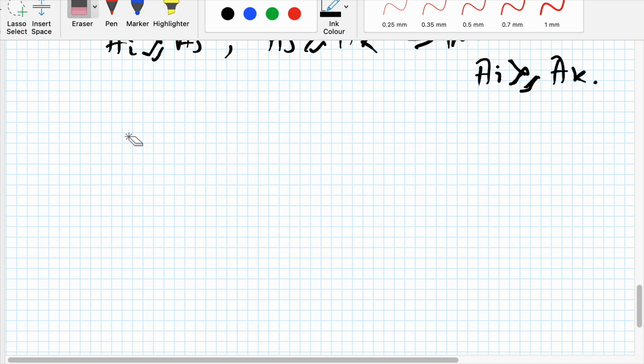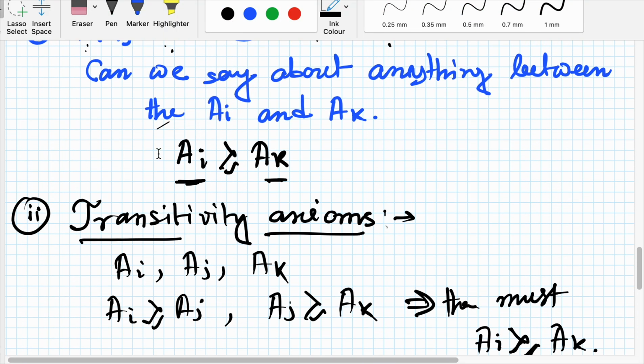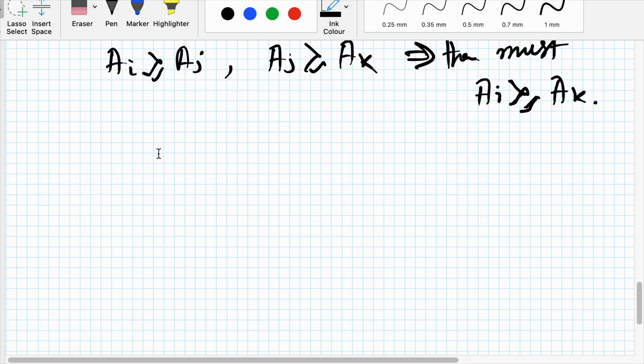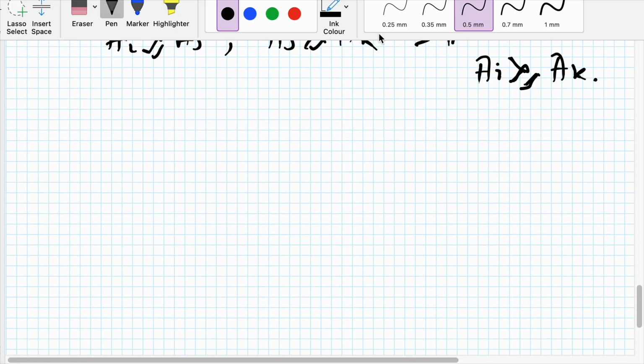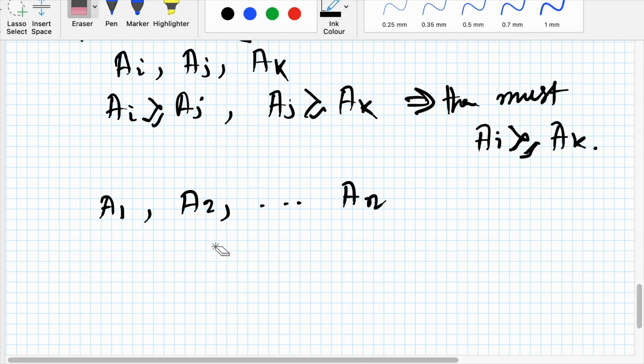So with this transitivity and completeness axiom, if somebody's preference complies with these two axioms, then we can surely say that the individual's preference can be represented by real numbers by associating a real number with these options. So suppose there are A1, A2, up to An. We can associate a real number with each option. And how will we associate the real number?